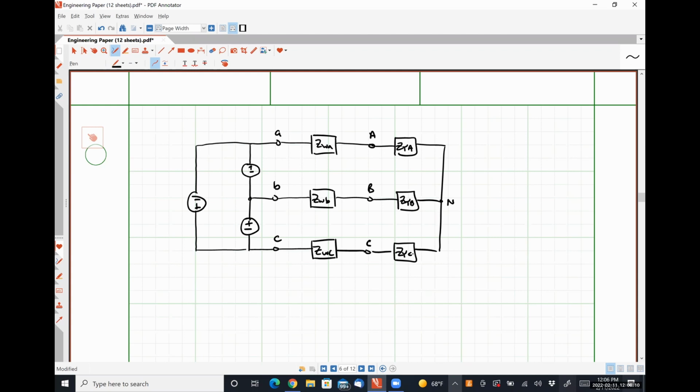Sunny, my source, delta or Y? Source is delta. Absolutely right. So this is going to be VAB, VBC, and VCA.